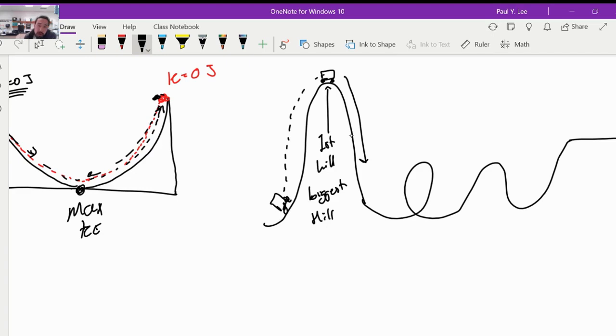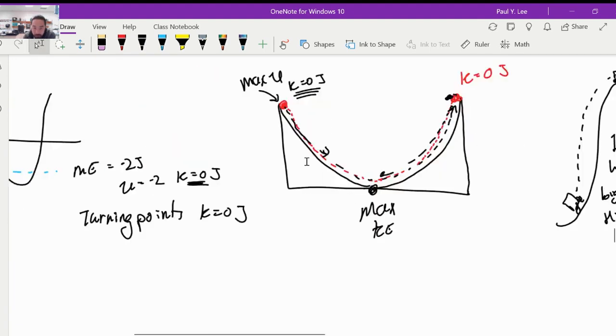But if, in a theoretical sense, there was no friction and no energy lost, that first hill would be the highest height you can ever reach. But in the real world, because there's energy loss, you can never even get close to that initial hill height, because that is the biggest amount of potential energy that you can have.